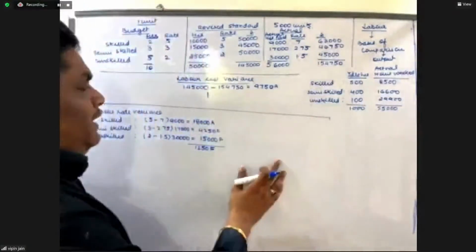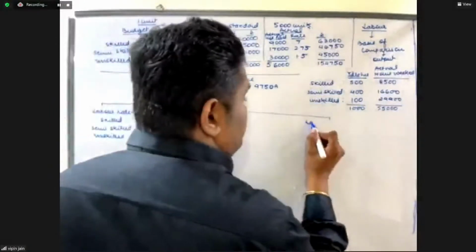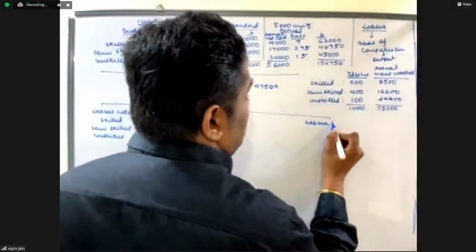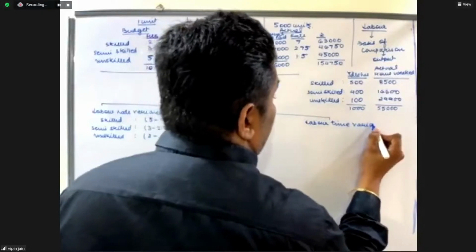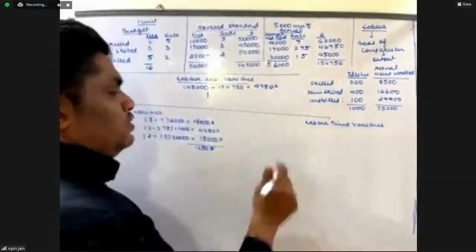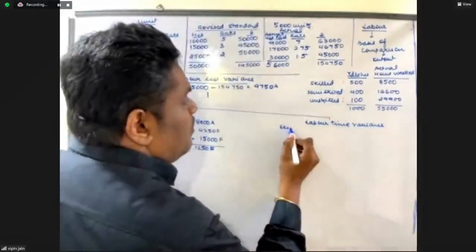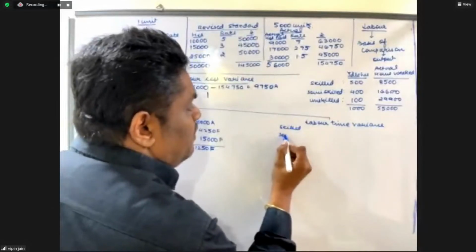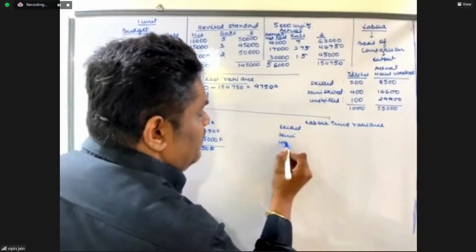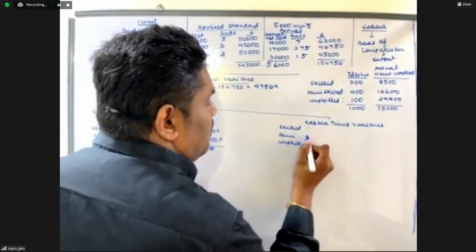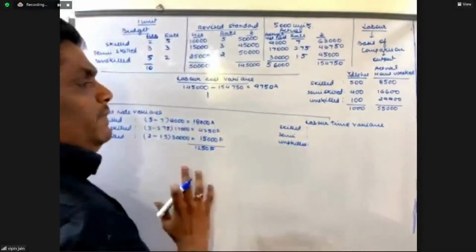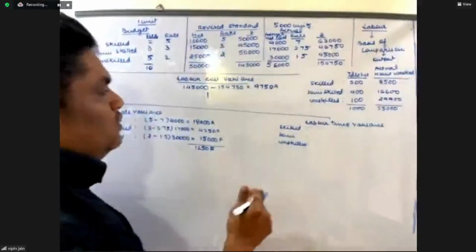Now, when talking about labor time variance also, there will be no change. No change at all. Skilled, semi-skilled, and unskilled. Again, there will be no change in labor time variance also.